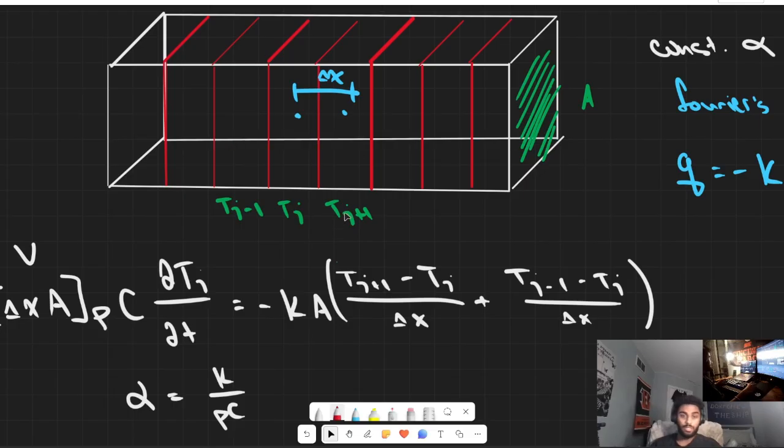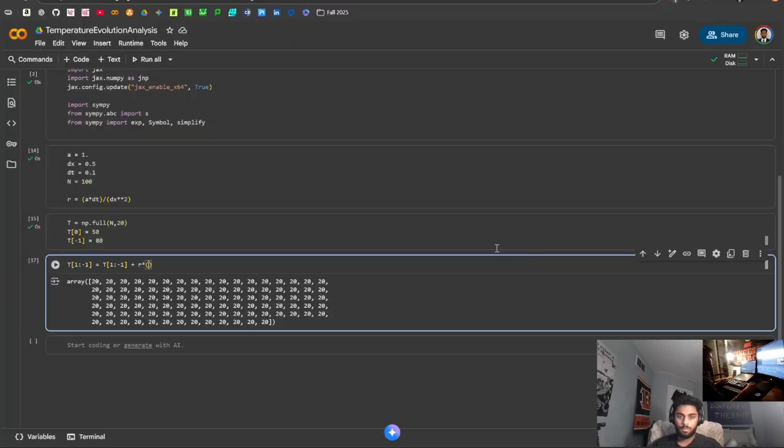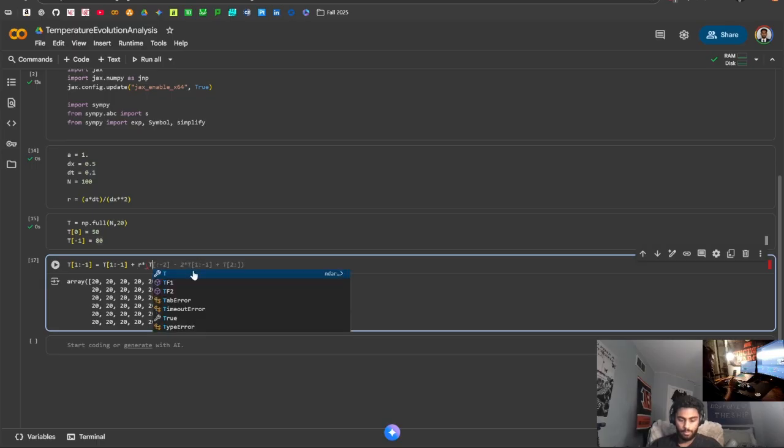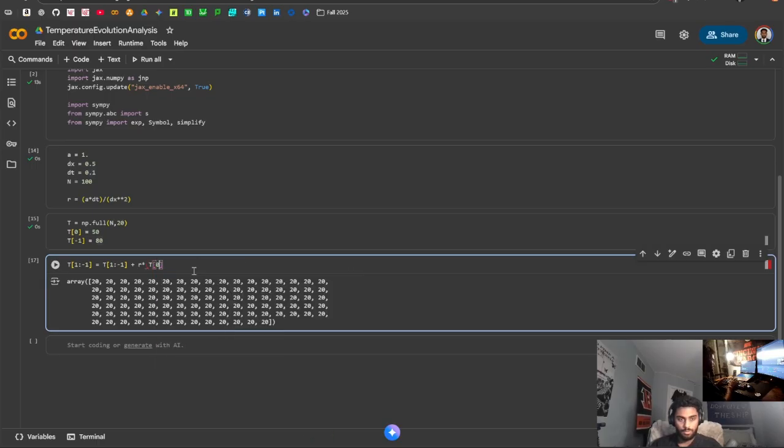Well, it really depends on which one you consider to be j plus 1 or j minus 1, but let's just follow this example here. So we get R times that Tj plus 1. That's going to be from our T array. We go colon 2. Right? So that picks up everything up until position 2.